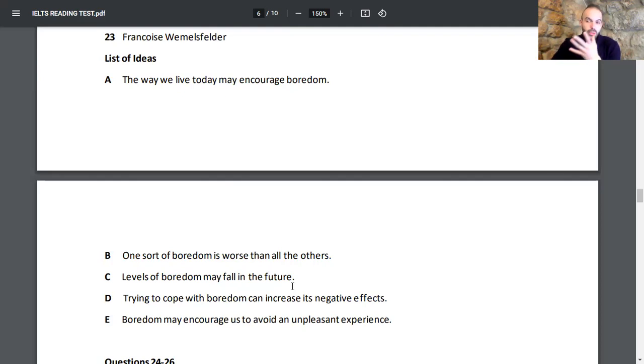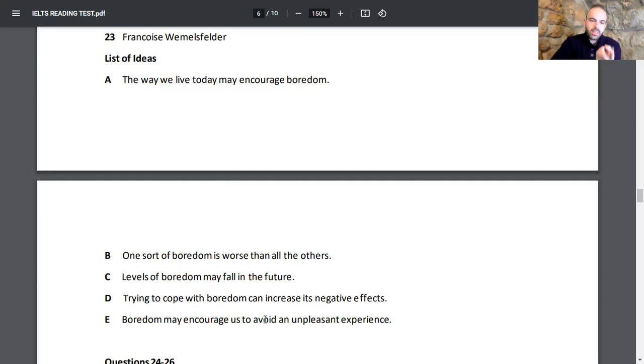So you have to find out which of these people was highlighting one sort of boredom as worse than all the others. C: levels of boredom may fall in the future. So the boredom might decrease in the future. D: trying to cope with boredom can increase its negative effects. So if you want to deal with boredom, that might increase its detrimental effects.